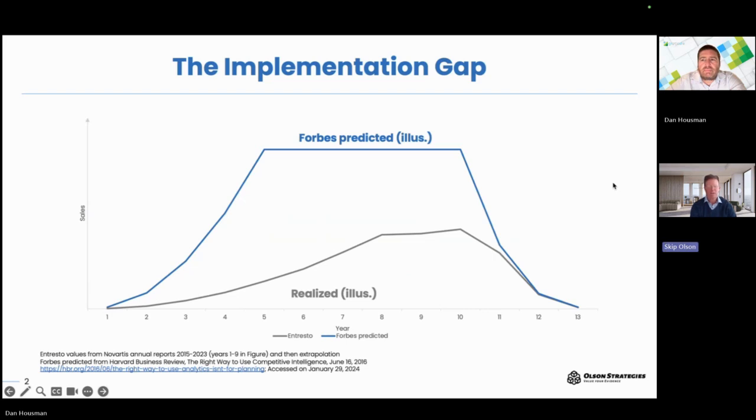Everyone thought this will revolutionize the care of heart failure. Every patient will go on to Entresto, and they didn't. Uptake was extremely slow, and a lot of the reasons why this uptake was slow are implementation issues or implementation barriers. It's not the product itself. The results were great.